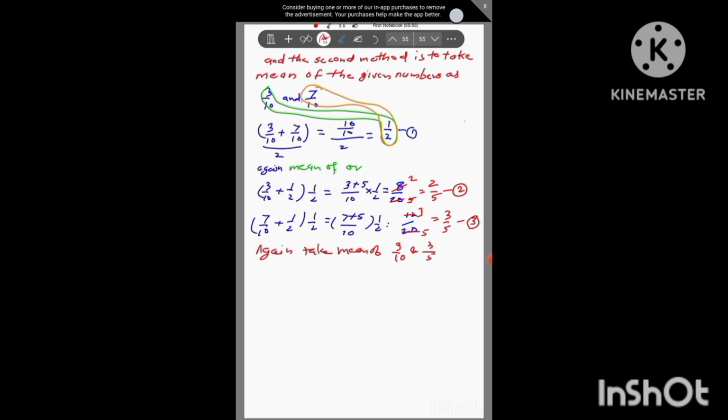All numbers are going to be in between these two numbers. So many numbers, infinitely many numbers, can be found. All these numbers will lie between the first two numbers 3 upon 10 and 7 upon 10.